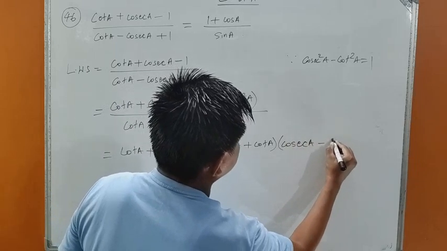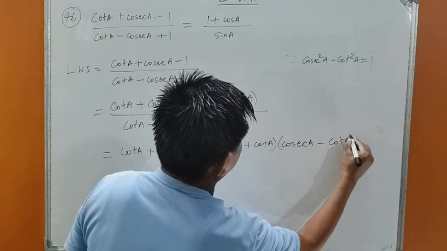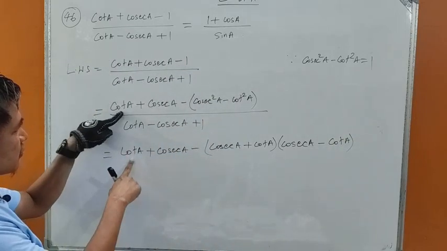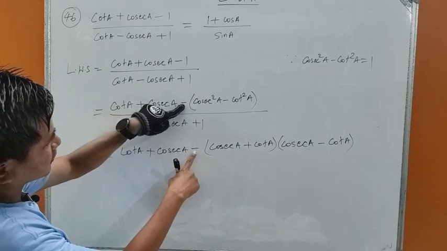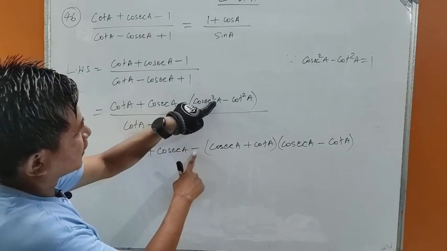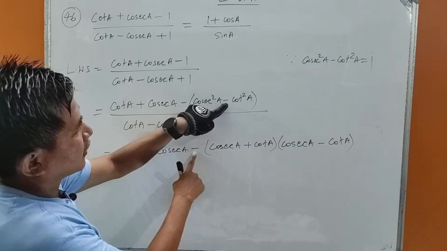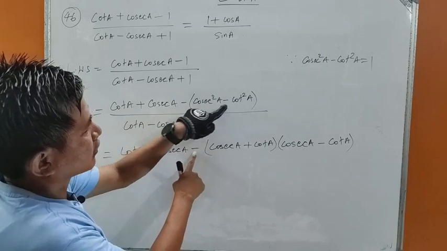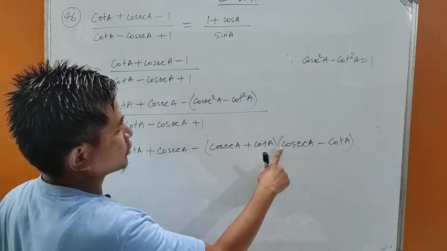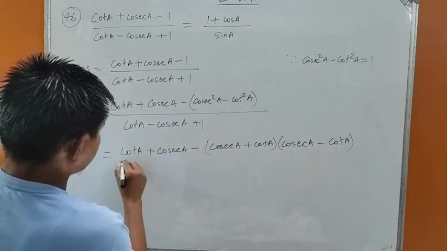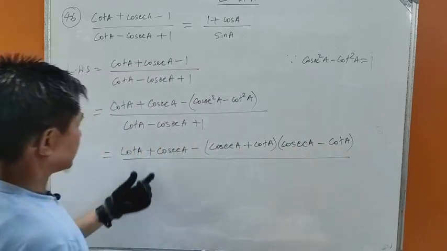Here cot a is this cot a, plus cosec a is this cosec a. Now cosec square a is a square and cot square a is b square. Why did I do this? Just to take the common out.